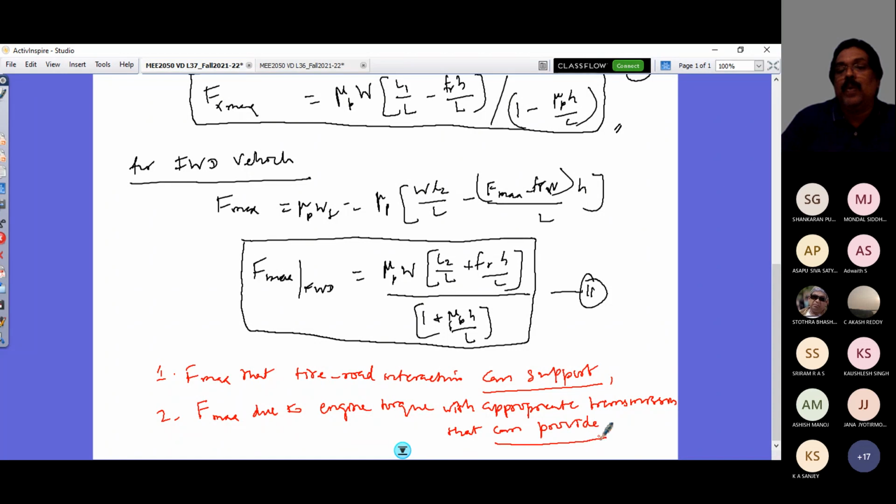So "can support" and "can provide" are the two keywords here, and the smaller of the two would always decide your performance potential.